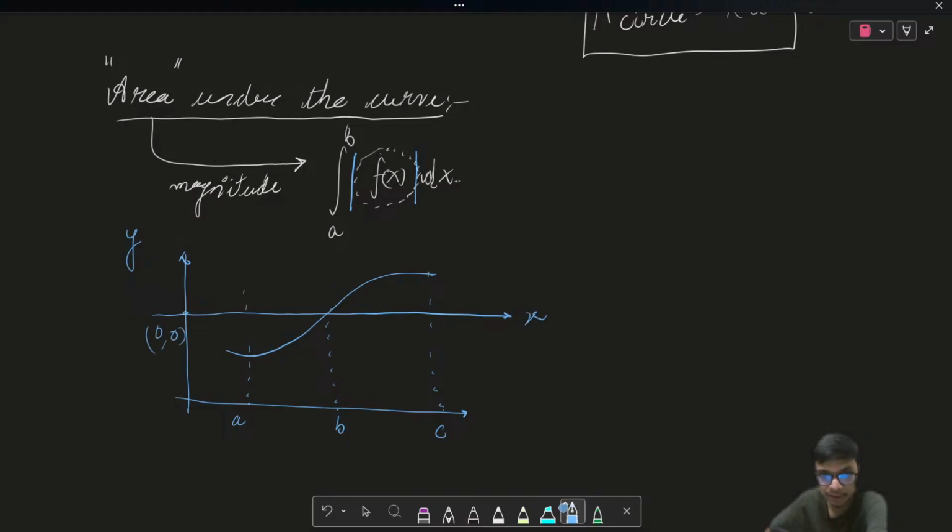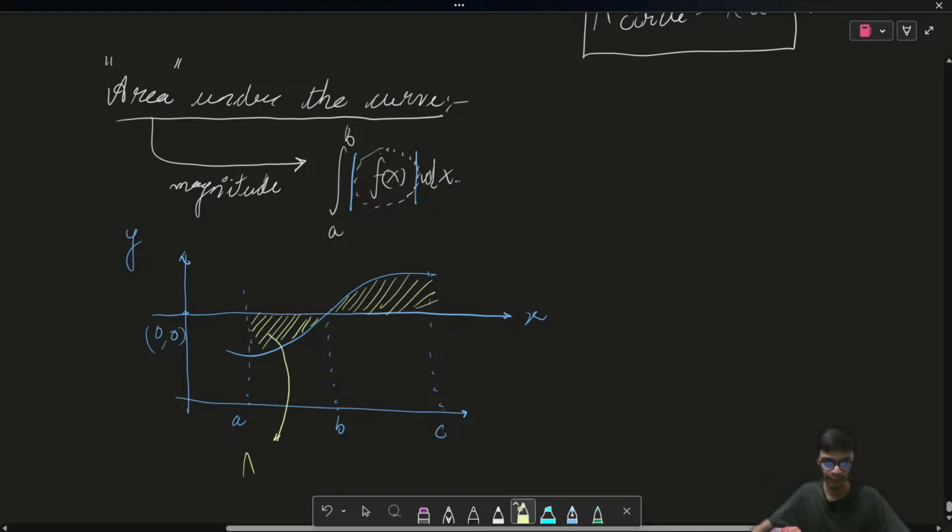Some part of the area is below the x-axis and some part is above the x-axis. If you observe, this is the part of the area below the x-axis and this is the part above the x-axis. If you note these things carefully, let's say the magnitude of this area is given as A1, and the magnitude of this area is given as A2.